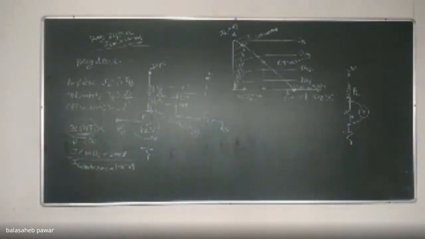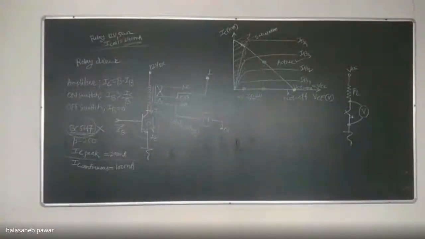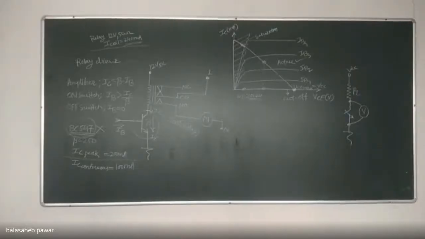The transistor is working as a partially closed switch. Am I right? Whenever it operates in the active region, there will be non-zero IC.